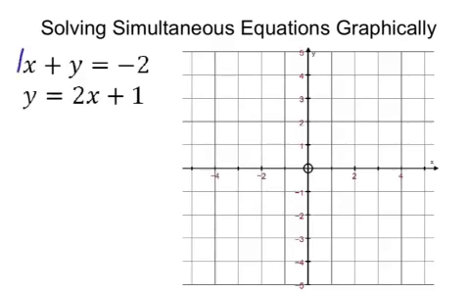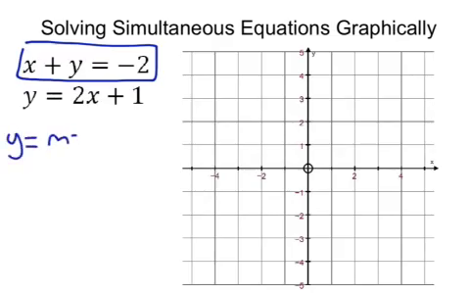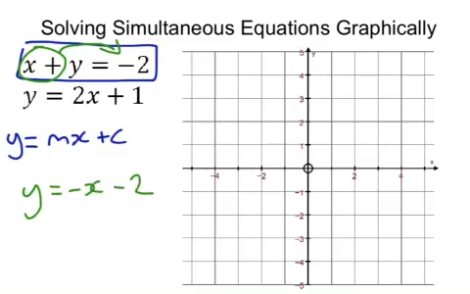This time we're going to start with the first one, x plus y equals minus 2. Again, to have it in the form y equals mx plus c, we're going to have to do a little bit of rearranging. We're going to take away the x because we want it on the other side. So we get y equals minus x minus 2.